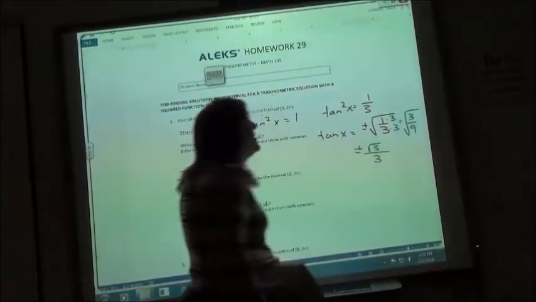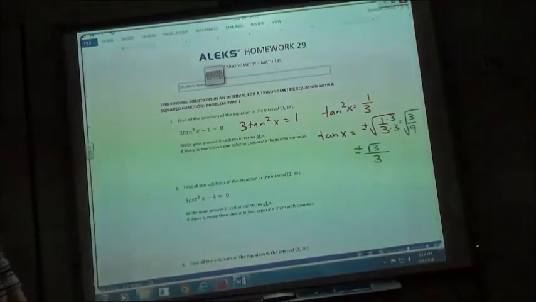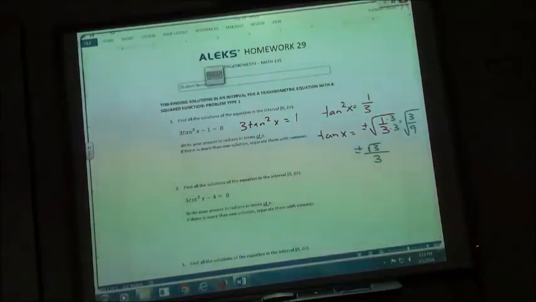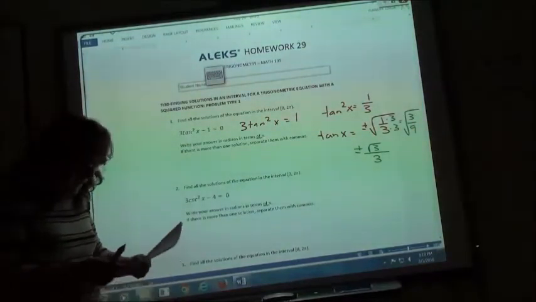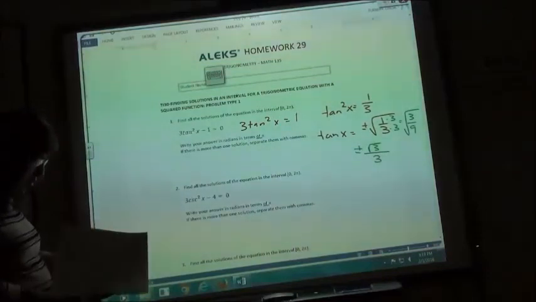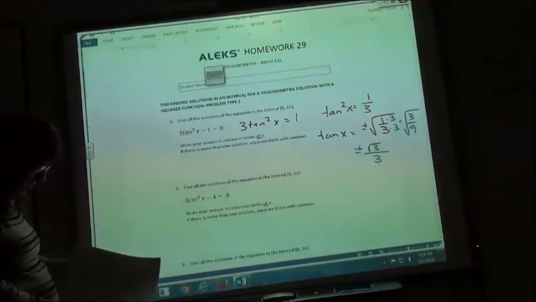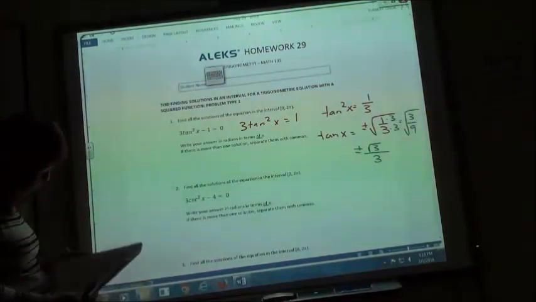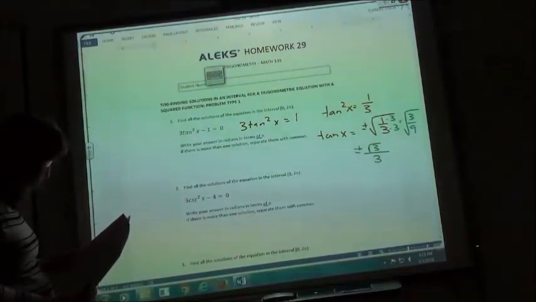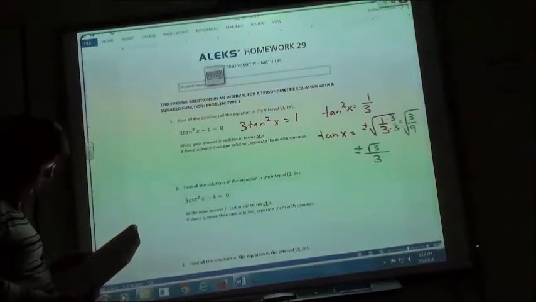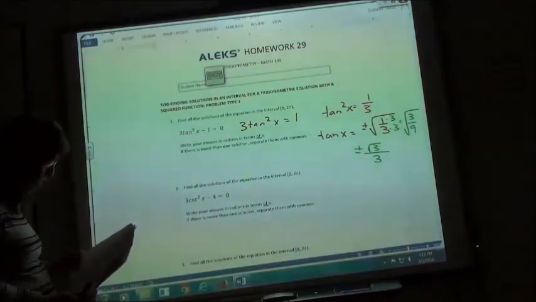3/9. And so I have the square root of 3 over the square root of 9, which is just a plain old 3. So I'm going to look up and I'm going to find all the ones with positive square root of 3 over 3 and all the ones with negative square root of 3 over 3. So I'm going to end up having 4 answers most likely. So again, I'm just going to go back to my handy dandy table, which I left in my other packet of notes.